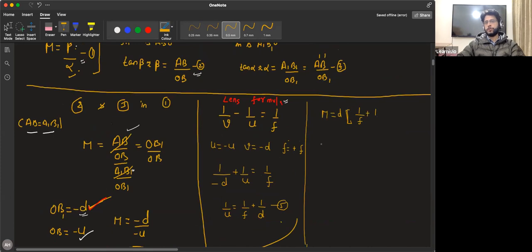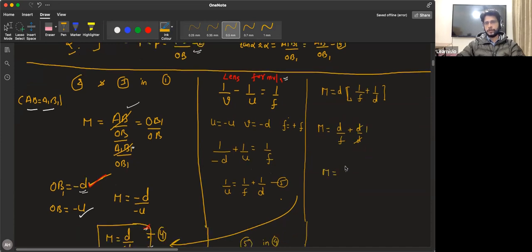When you multiply with d here, your m is d by f plus d by d. And what is d by d? It's 1. So your m is d by f plus 1. This is the magnification of a simple microscope when your final image is at least distance.